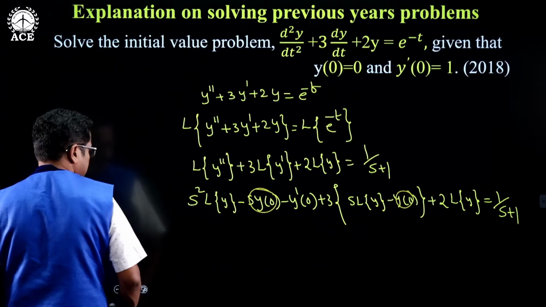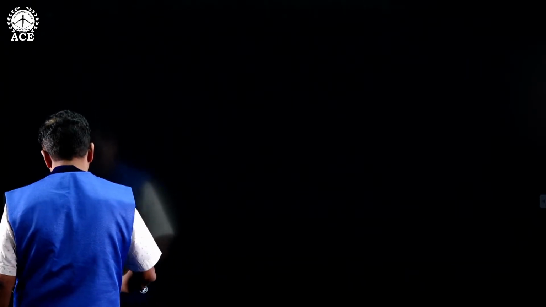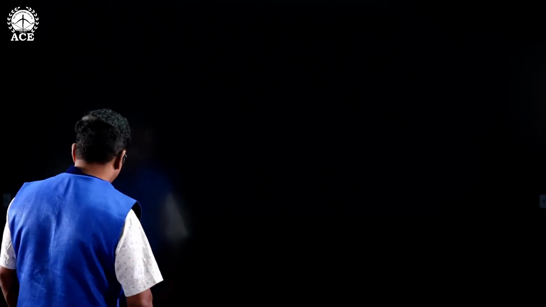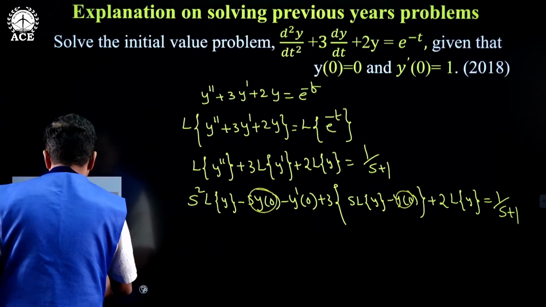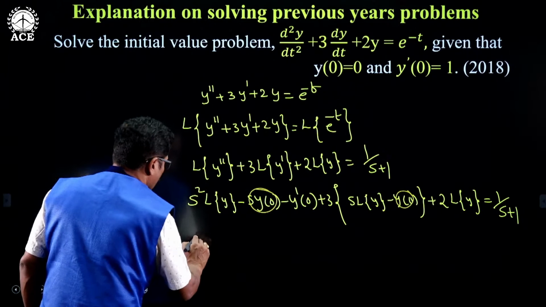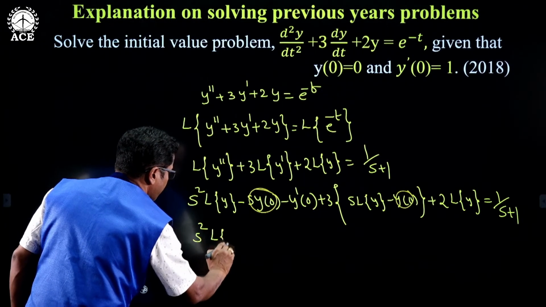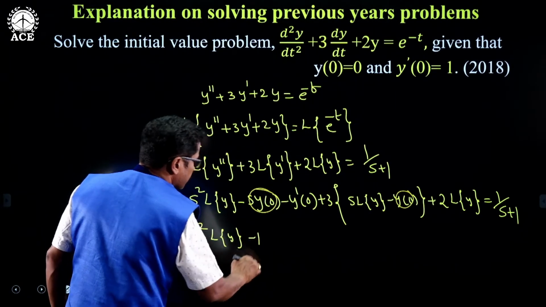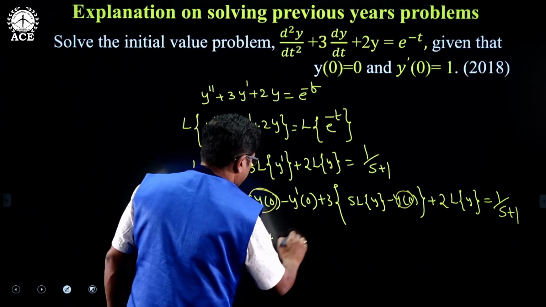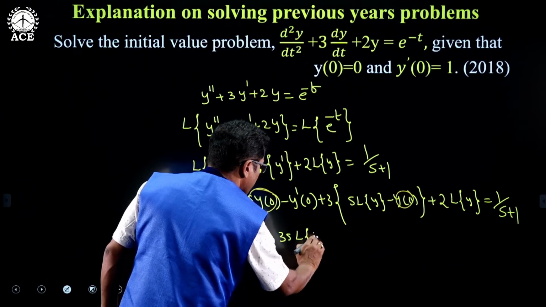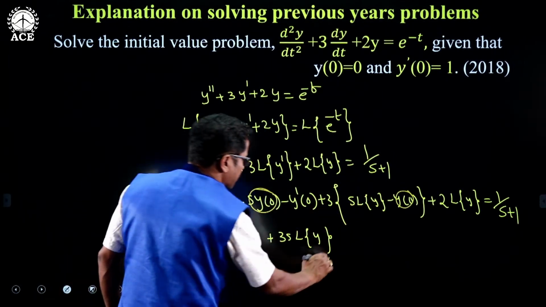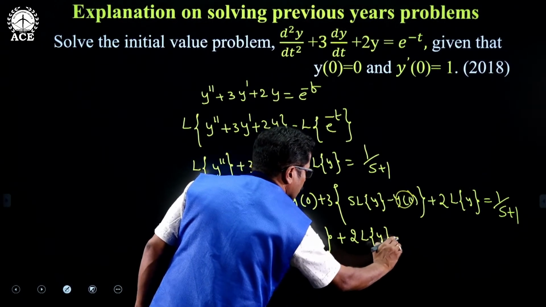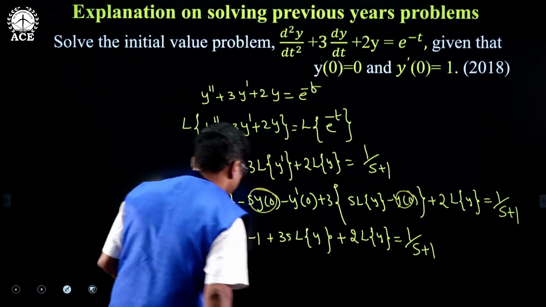So then s square L of y, this term is going to be 0, minus y dash of 0 which is 1, minus 1, plus 3s L of y, so that is 0, plus 2 into L of y is equals to 1 by s plus 1.